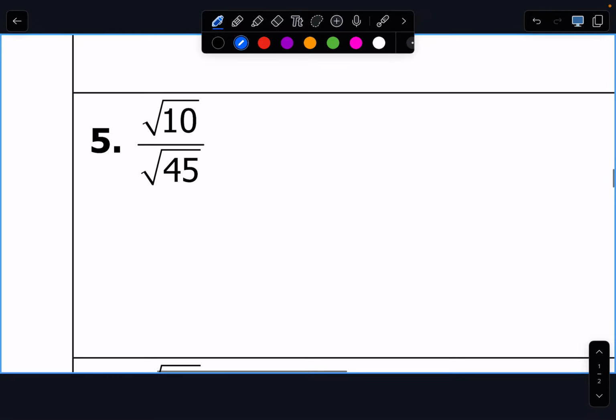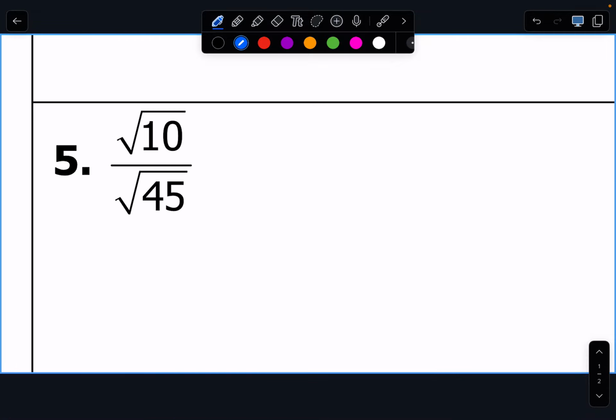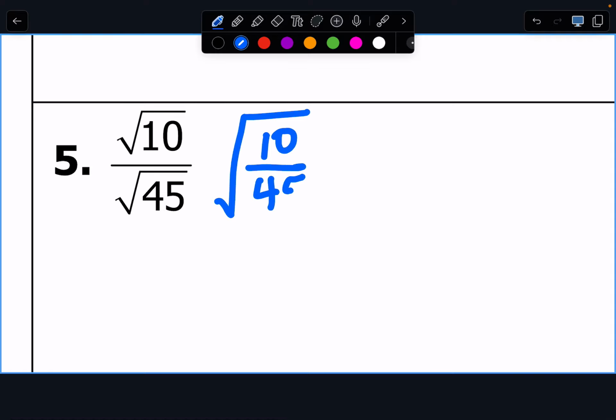Okay, look at number 5. I see radicals, and neither of them are perfect squares. Now we can do some simplifying, and maybe we'd have some things cancel, but you know what else we could do? We could totally do this. We go the other way.